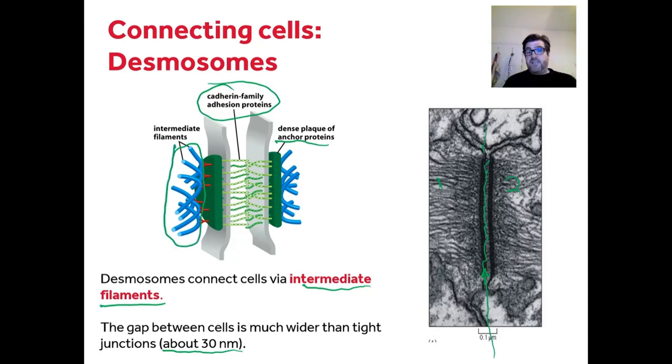I'm not going to go into the details of all the different protein types in there, but I hope you can see now there is a connection, but it's a much looser, less rigid connection. It's also going to allow space in between the cells, so the cells are connected, able to communicate, linked together, but perhaps not in such a tight way.